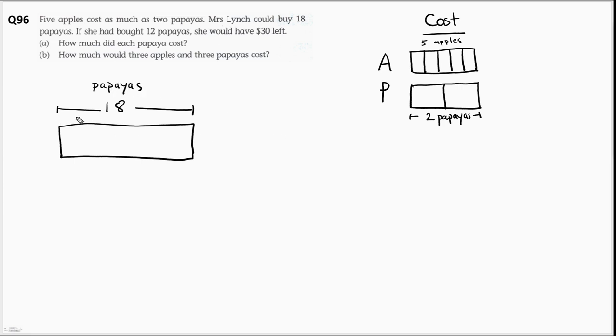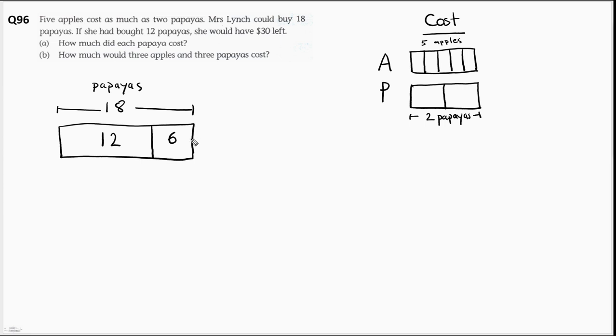So she could buy 18, but she doesn't. We're going to split this bar into what she does buy, which is 12. And then what she doesn't buy, which is 6. 12 add 6 equal 18. So this is what she buys. This is what she doesn't buy, but could have.